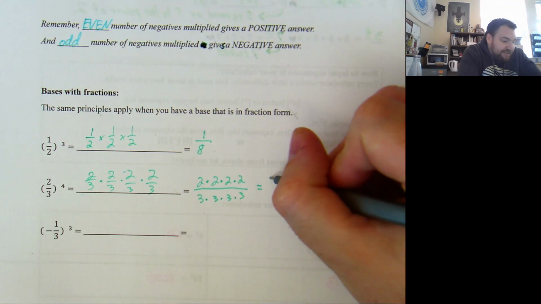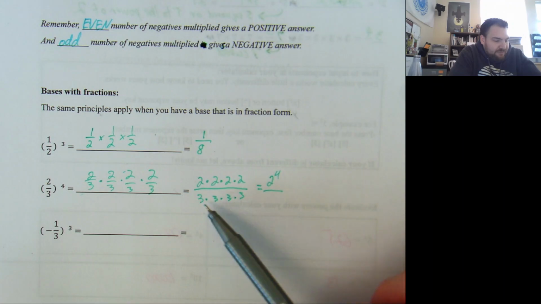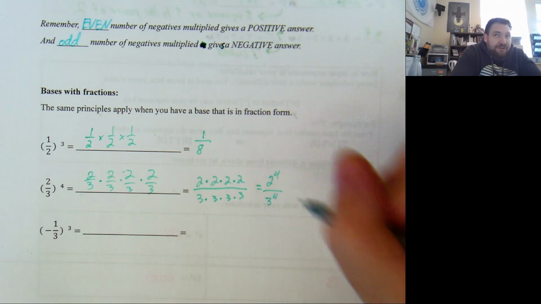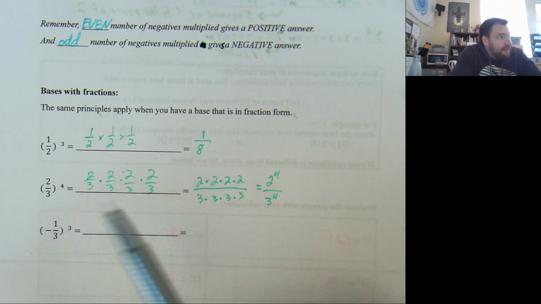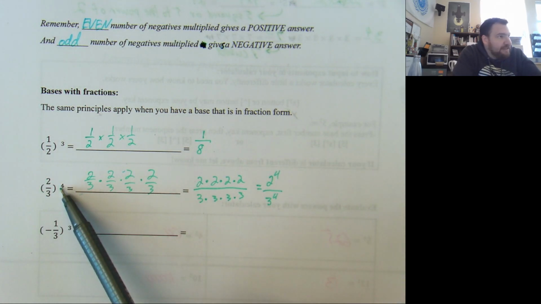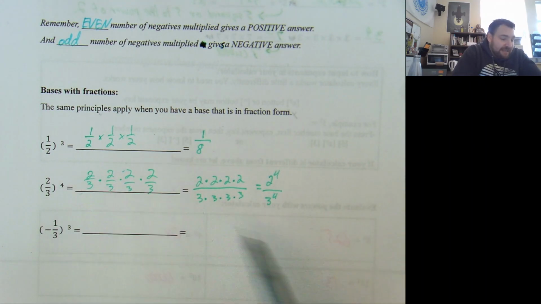So I could write this as 2 to the 4 over 3 to the 4. This is an exponent law you guys were supposed to learn in grade 8. When I have a fraction to an exponent, what ends up happening is that the exponent on the outside applies to the numerator and to the denominator.